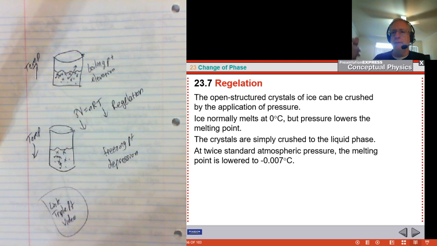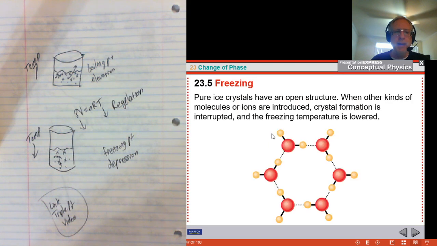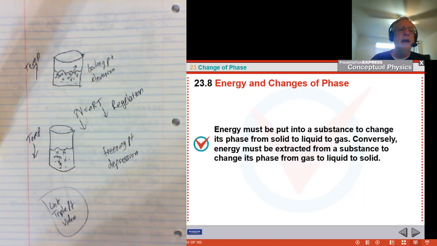This will work because the pressure you put on it is crushing it, so it's reducing the density, which turns it back into a liquid. So regelation occurs because of the structure of water, this open, low density, solid structure. And I think that's a good place to stop, and then we'll do one more video.